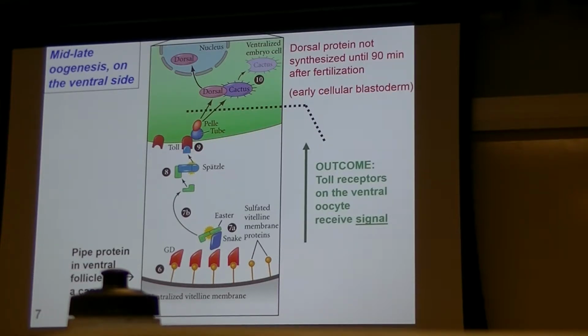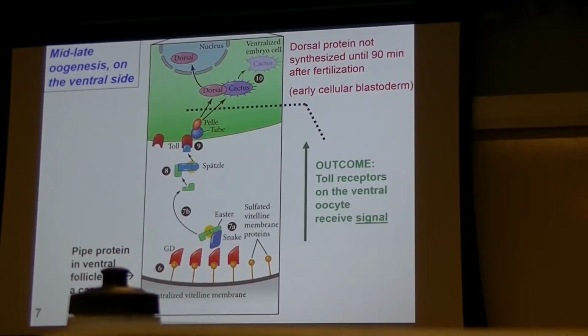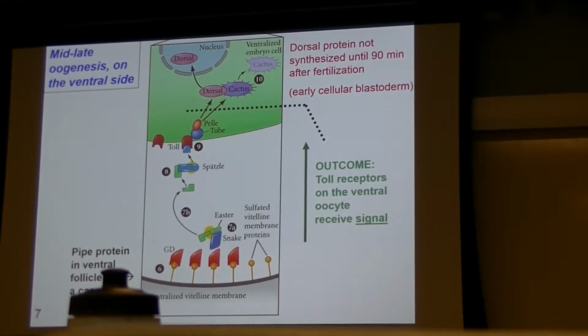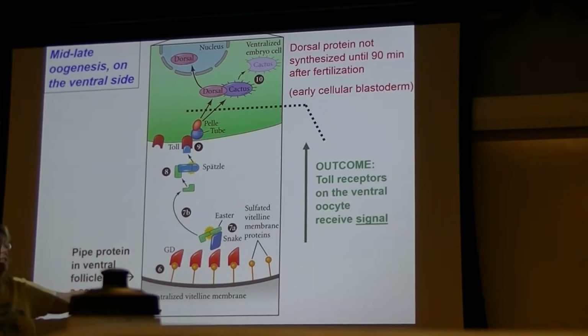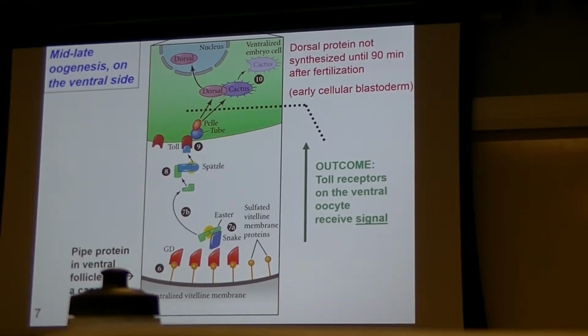About 90 minutes after fertilization, this cellularization portion of the cleavage has been completed, and now we're going to have a layer of cells down here on the ventral side, and dorsal is going to go into the nucleus in those cells because of this pre-setup of having this signal transduction that was due to pipe, which is due to the lack of gurken signaling.